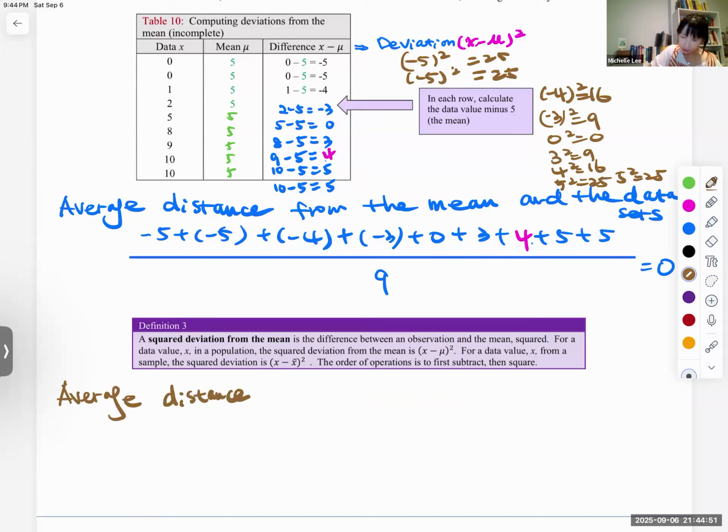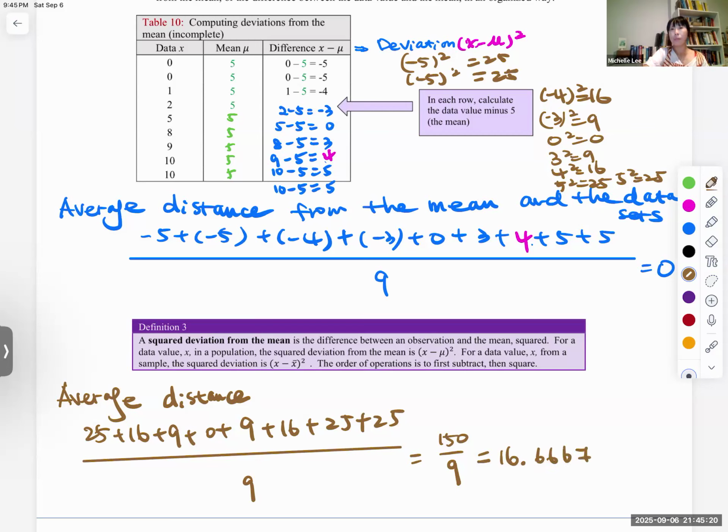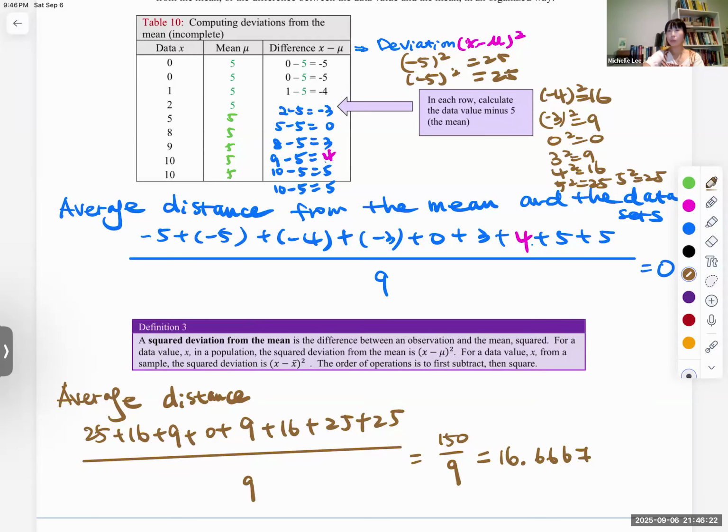We have 25 plus 16 plus 9 plus 0 plus 9 plus 16 plus 25 plus 25, divided by 9. Can you please calculate? So there will be 150 over 9. Good job. Which is 16.6667. Very good. Okay, then let's talk about the unit.